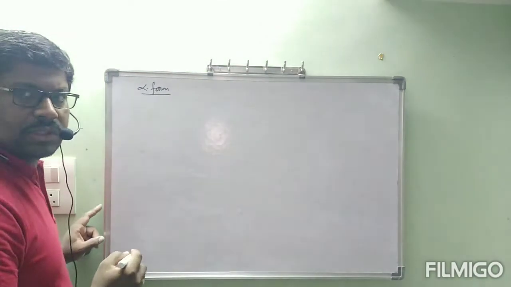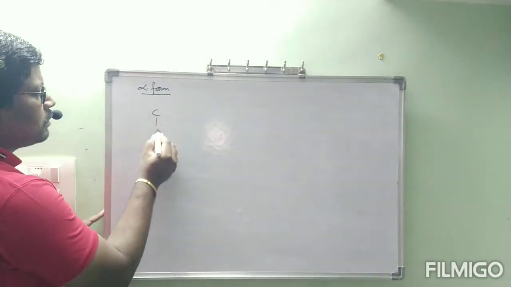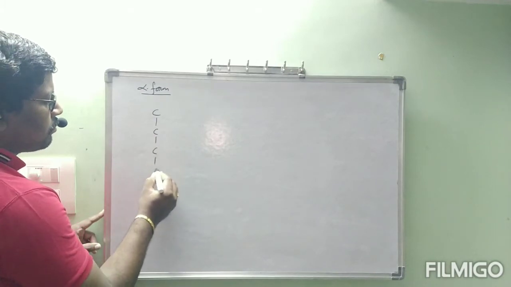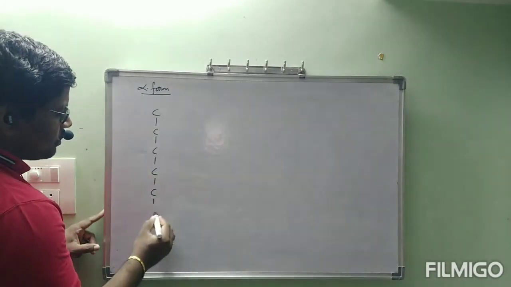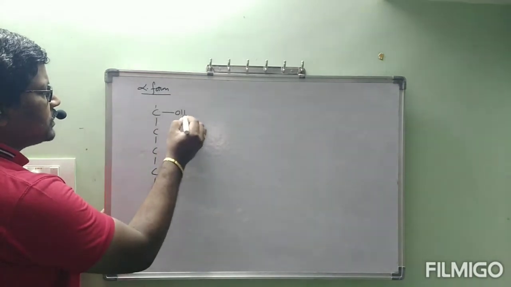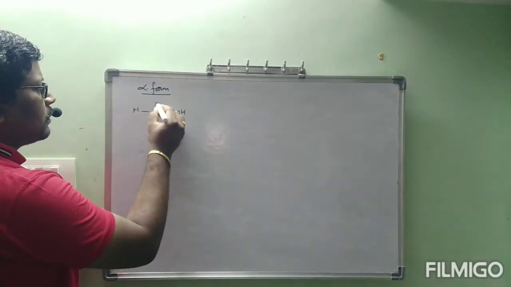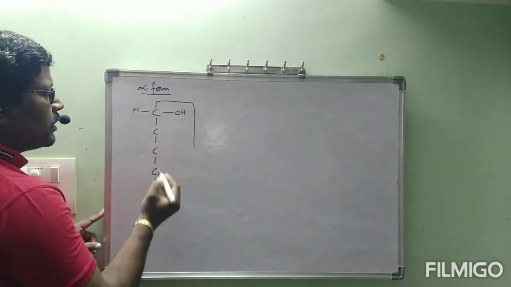The alpha form of glucose. First carbon: OH on the right side, H on the left side, bonded to the other one.